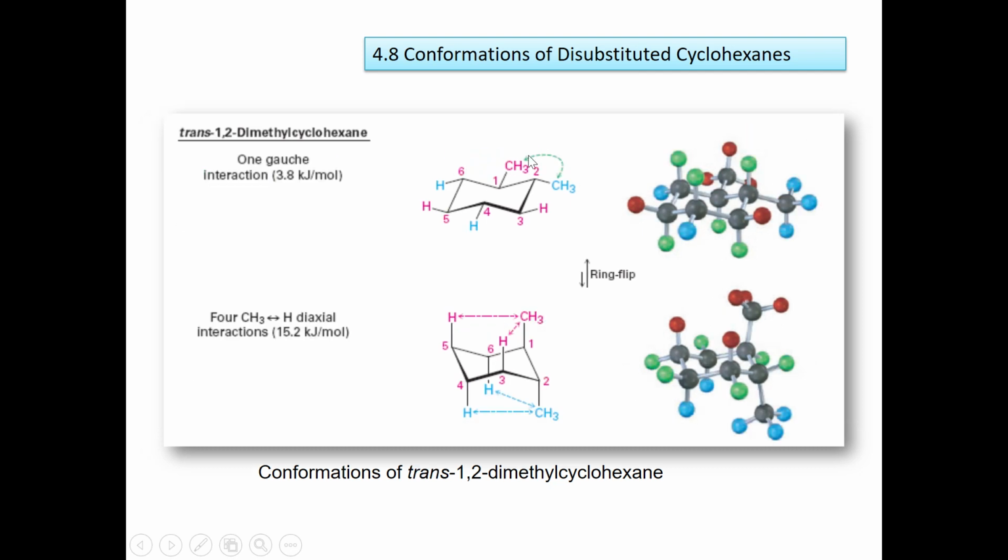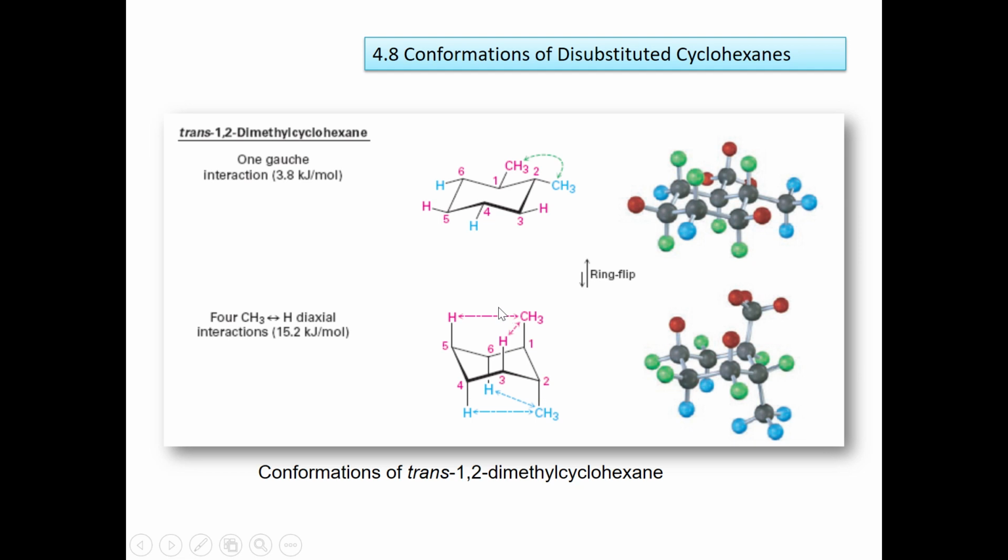But what happens if we have a trans-1,2-dimethylcyclohexane? In a trans-1,2-dimethylcyclohexane, we can draw this form where both substituents are in equatorial, or we can draw this one where both substituents are in axial.